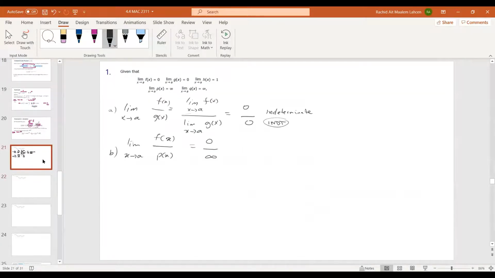Because you almost have something like 1 over infinity is 0, so you run into something where a number or 0 is divided by infinity for the limit. That means when you divide by infinity, it becomes too small. It's approaching 0, so you're having 0 times 0, so that's just 0.